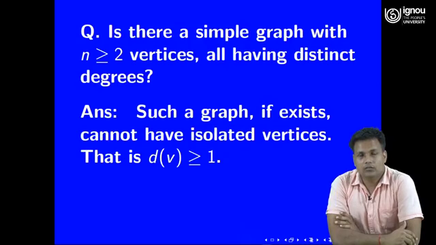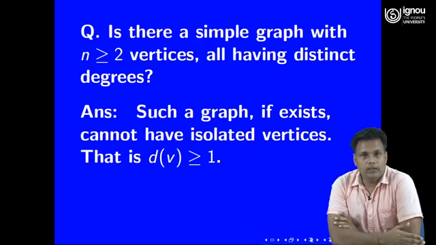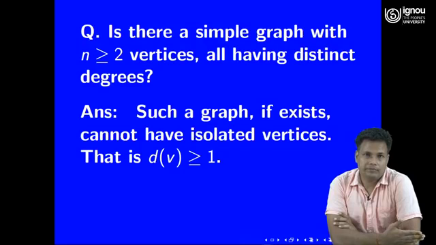So the remaining degrees are 1, 2, 3 up to n minus 2, but there are n minus 1 vertices, and by the pigeonhole principle, if there are more objects than boxes, then some box would get more than one object.